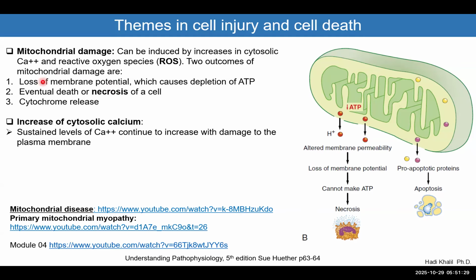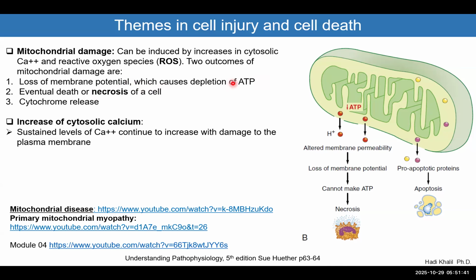So once the membrane potential is broken, or the integrity of the membrane is broken, which is the same, then the direct effect would be the depletion of ATP. So you will have a massive loss of the currency of energy in the cell.